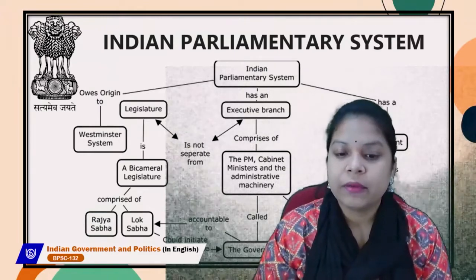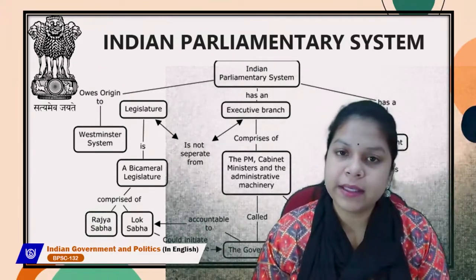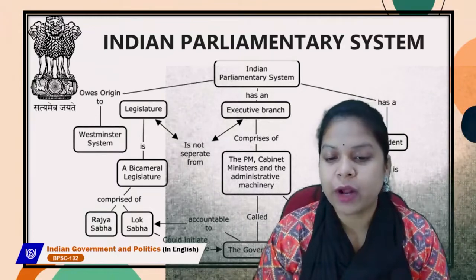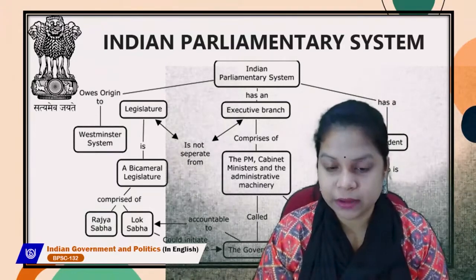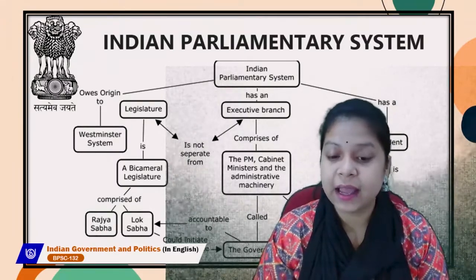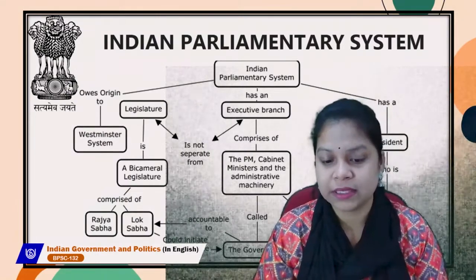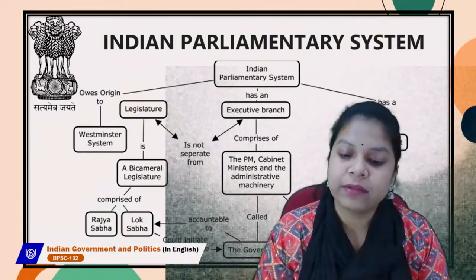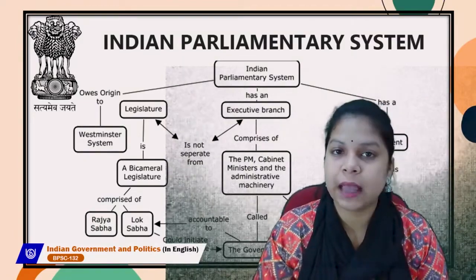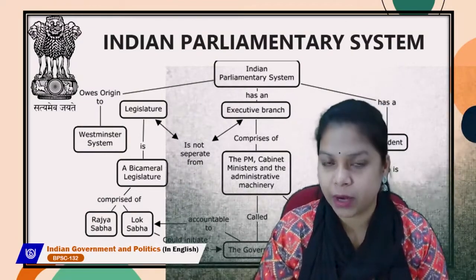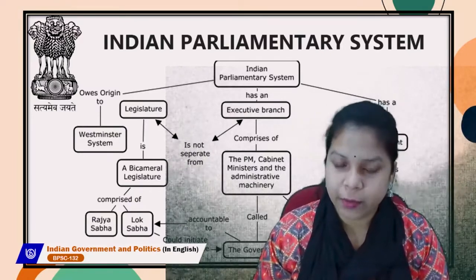Whereas the executive branch comprises the Prime Minister, cabinet ministers, and the administrative machinery in which there are bureaucrats and civil servants. So this executive, which comprises the Prime Minister, cabinet ministers, and the administrative branch, is called the government.